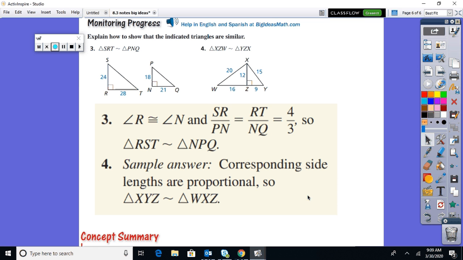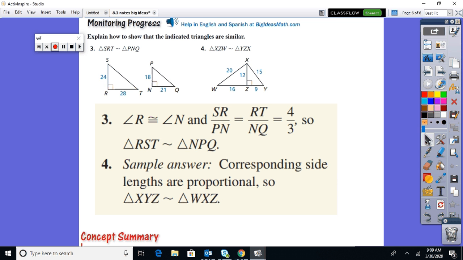They're each a 4/3 ratio, so yes, you've got sassiness for 3. And then for 4, the corresponding side lengths are proportional. So again, just check like we did in example 1, and you have SSS similarity there as well.